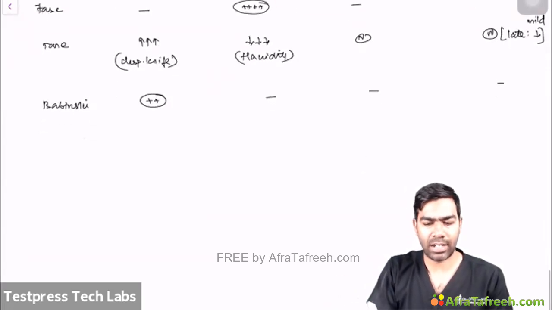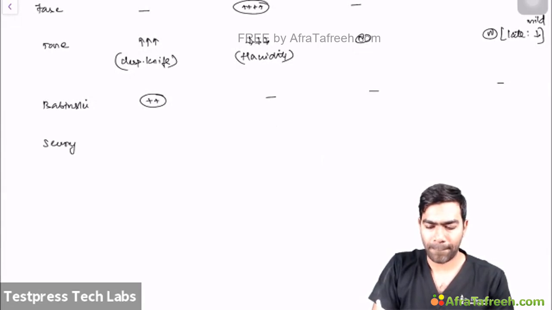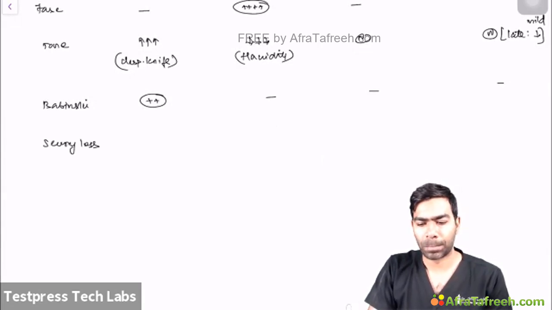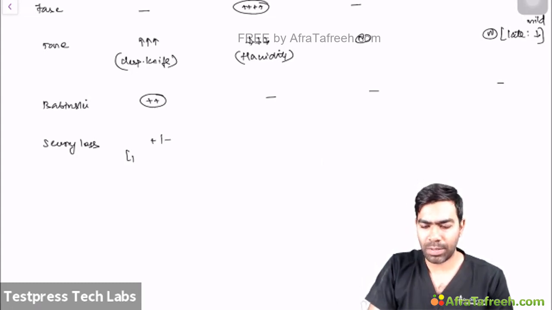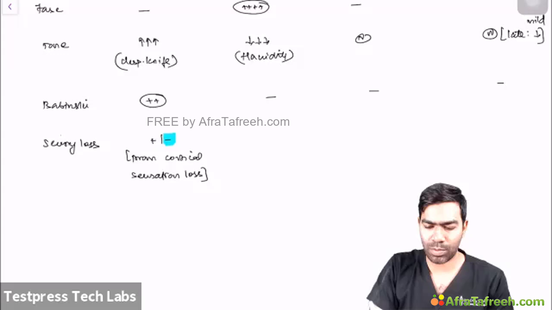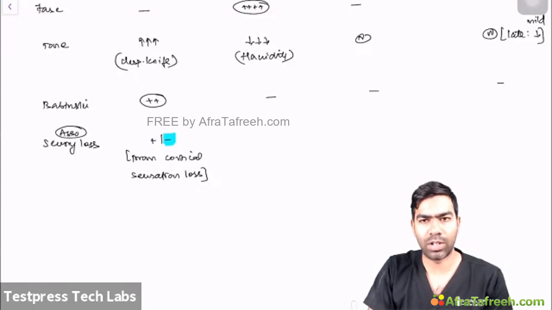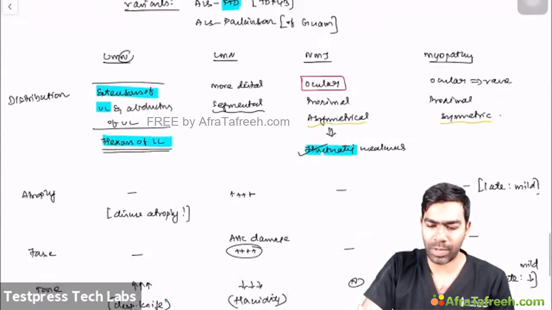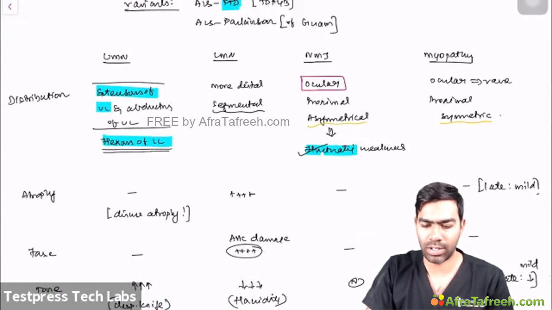Then we have sensory loss. Sensory loss can be there or may not be there, but in UMN lesions, there will be prominent cortical sensory loss, which means the cortical sensations will be the ones that are prominently lost rather than any other modality. But even these things can be variable. We are talking about an associated sensory loss. Because you might ask, sir, you told us UMN is a motor neuron, then how can you talk about sensory loss here?